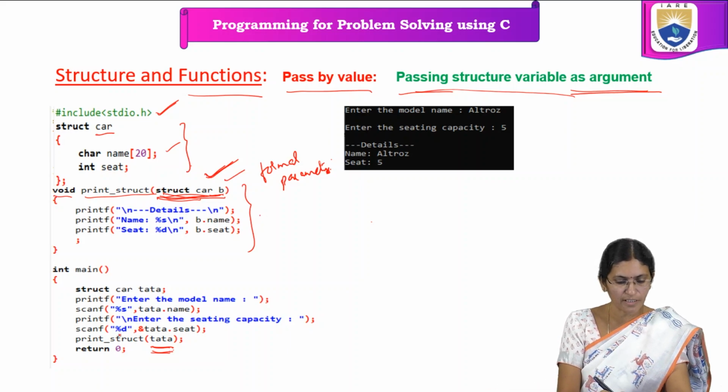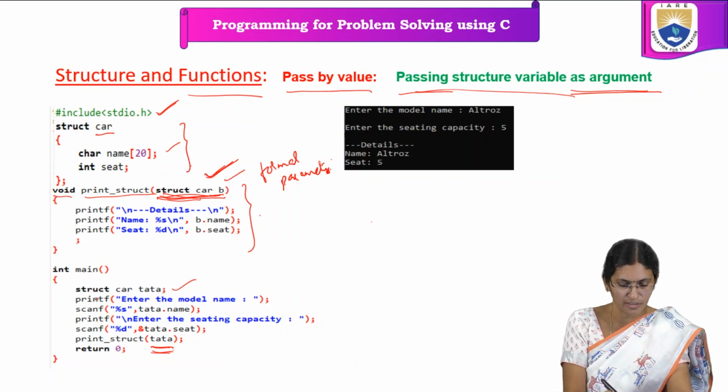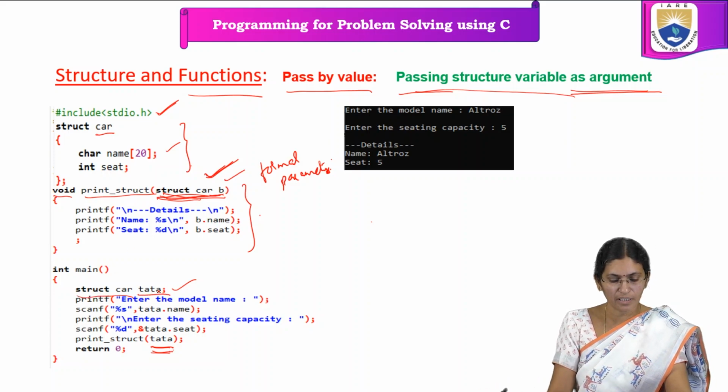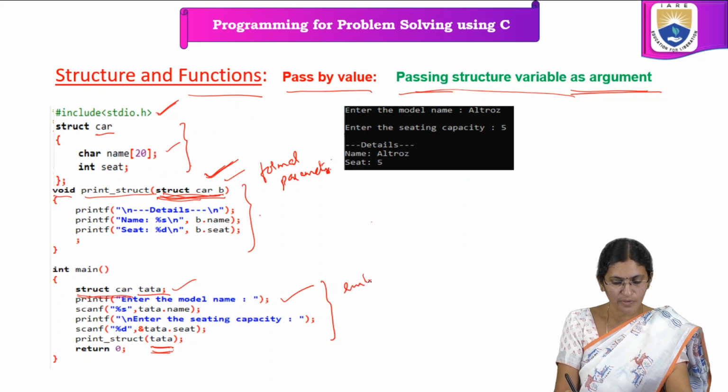Next, in the int main function, we have defined a variable for this structure data type. Data is the name of the variable, which belongs to the data type struct car. When we run this program, it will prompt the user to enter the model name. This is runtime initialization, so we are giving the values to the members at runtime.